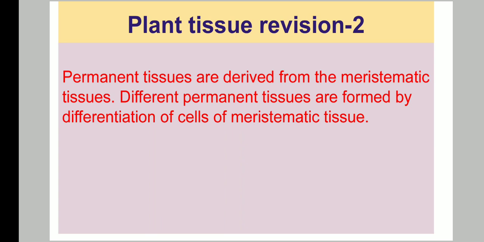And as we know, permanent tissues are derived from the meristematic tissue only, because the cells of meristematic tissue which divide repeatedly become mature, and then after that they differentiate into different shapes and sizes and then convert into permanent tissues.